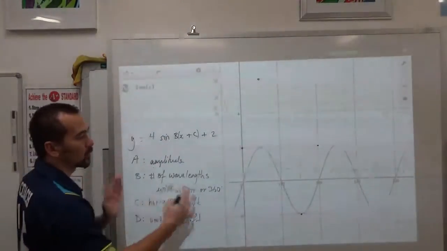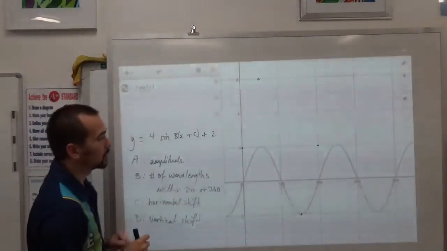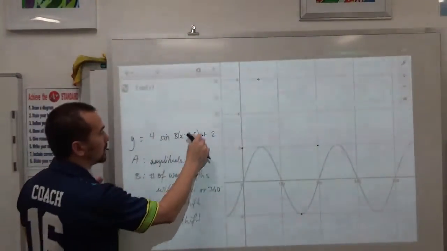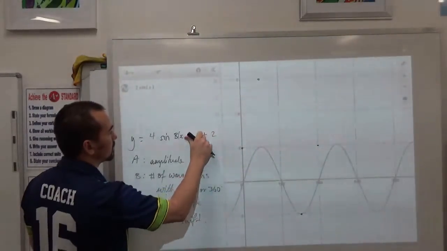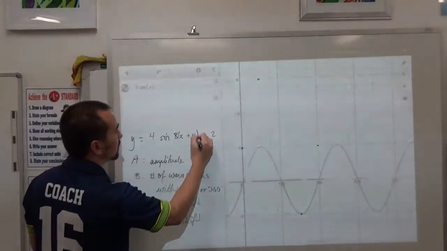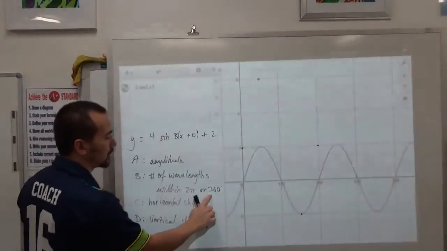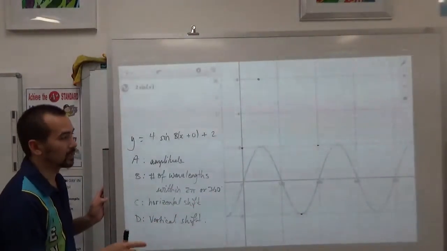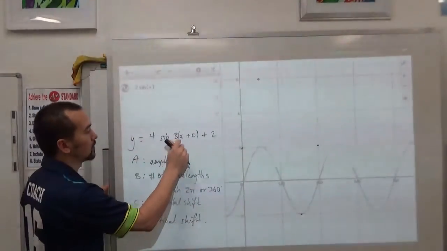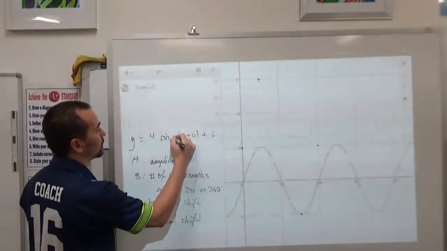Do we have a horizontal shift? No, we don't. So C will be nothing, it'll be 0. And the number of wavelengths within 2 pi is still 1, isn't it? So the B value will be 1. That's right.